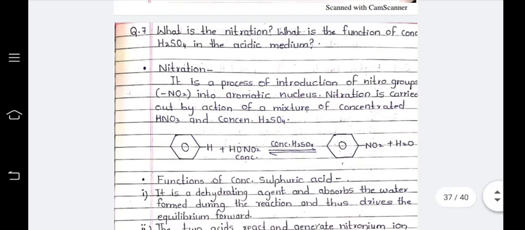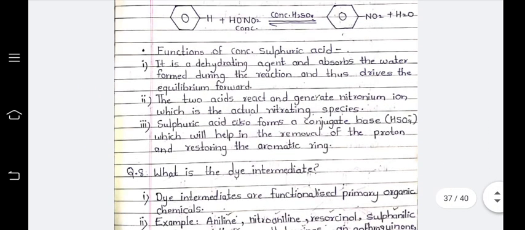Next, what is nitration and what is the function of concentrated H2SO4 in the acidic medium? Nitration is the process of introduction of the nitro group into the aromatic nucleus. Nitration is carried out by the action of a mixture of concentrated HNO3 and concentrated H2SO4. HNO3 and H2SO4 give NO2 plus as the product.